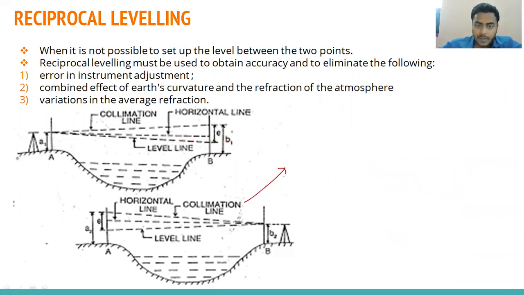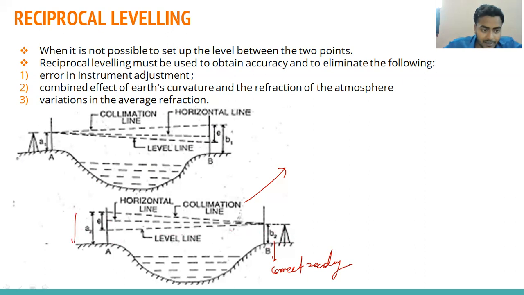Now, when the instrument is kept at B, whatever the reading at B will be B2, the correct reading. Okay. Now you can see when the staff is kept at A, that distance is much more compared to B. The distance between instrument and leveling staff is much more, so you get the error.